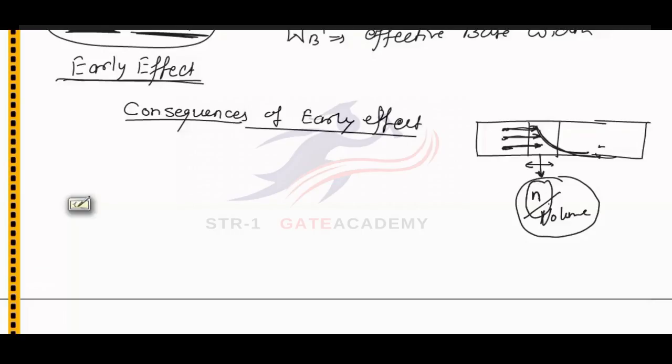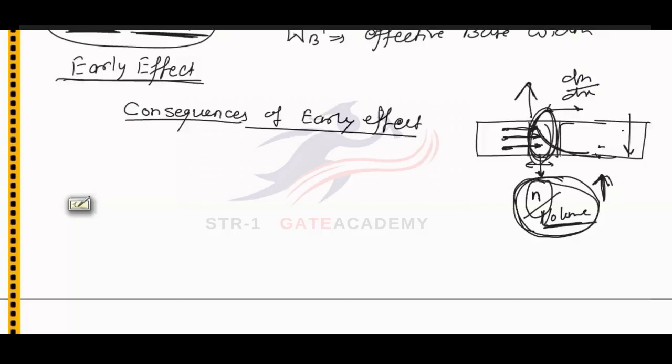If we decrease the base volume, then this concentration will increase. If this concentration increases, there will be a large concentration gradient between these two regions, because the concentration of electrons will be very high compared to the concentration in this region, because this region is large.